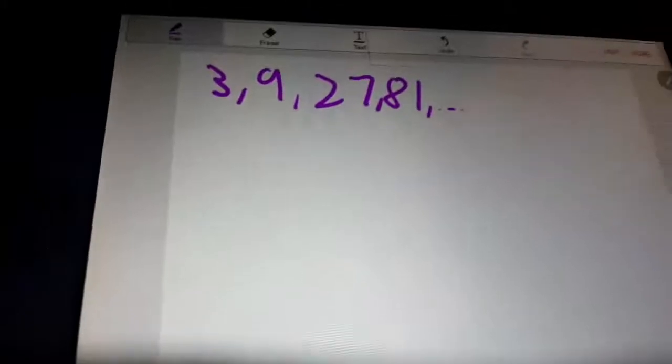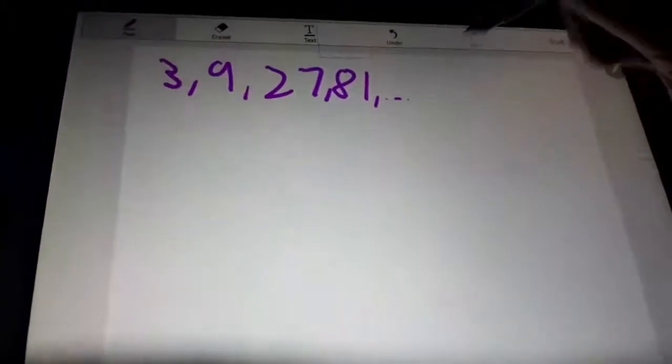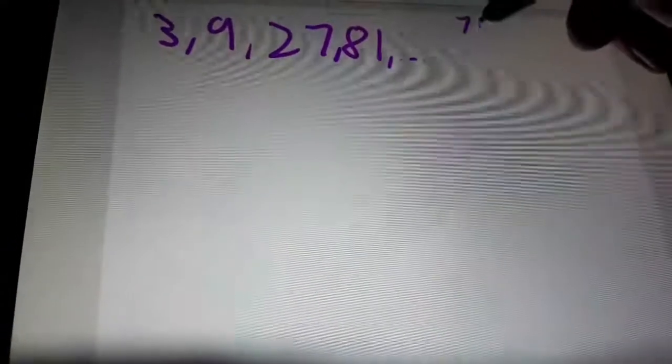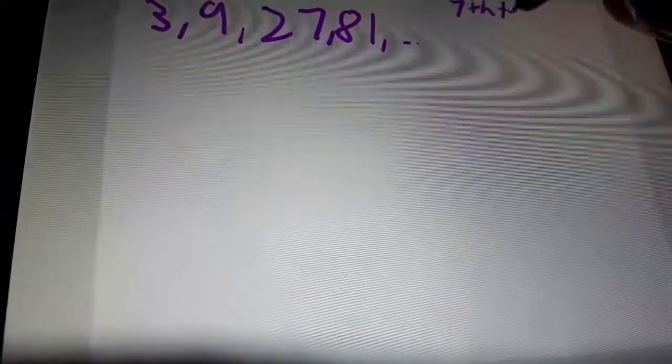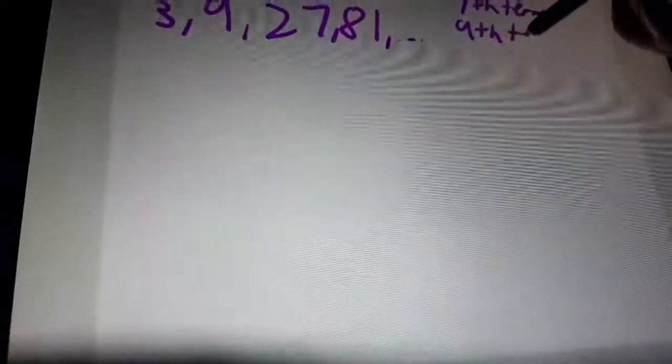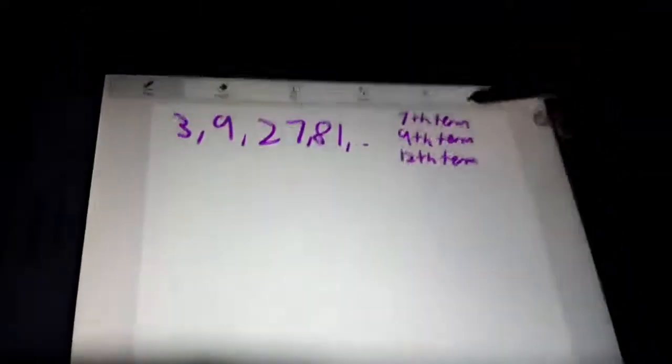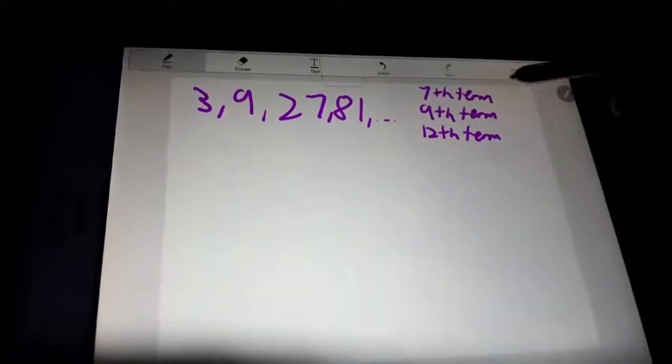So, ang hahanapin mo na lang po ay yung 7th term, the 9th term, and the 12th term.